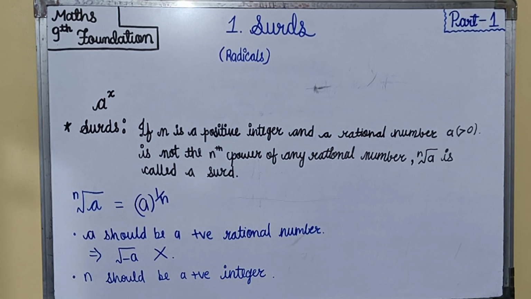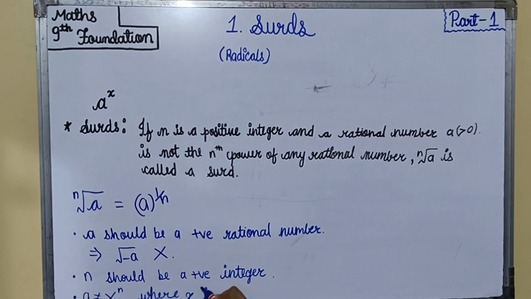Third point is a is not equal to x raised to n, where x is a rational number.